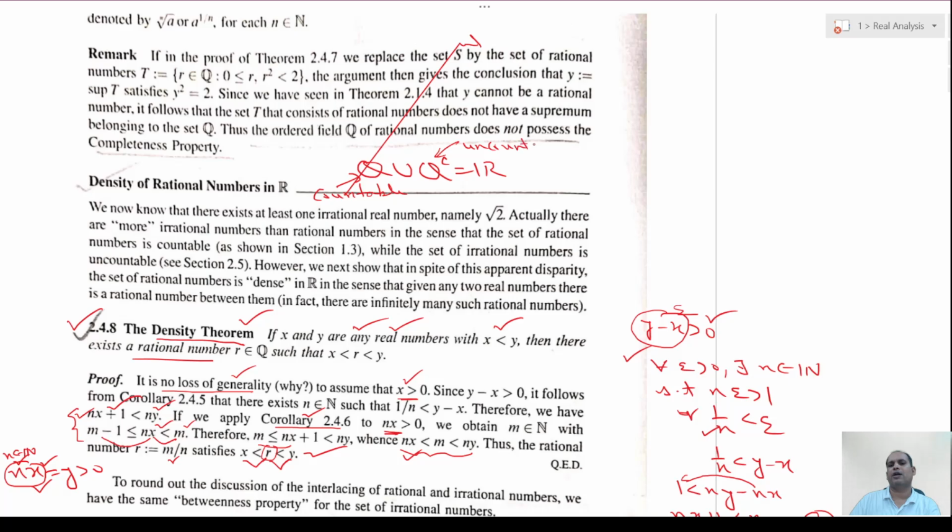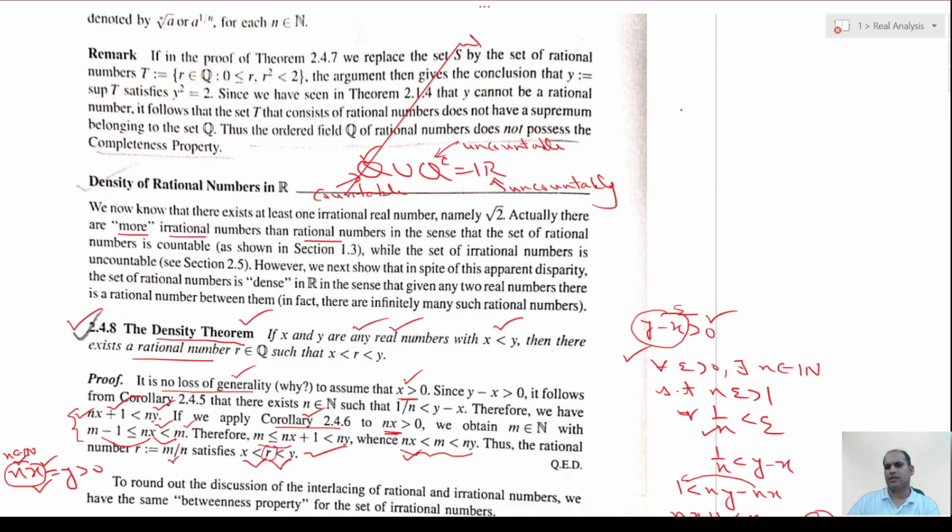And even the cardinality, that is the transfinite number allotted to the set of irrationals, is greater than that of the rationals, and R is uncountable. Despite this, both sets are dense in R. That's what is written here. Both sets are dense in R.